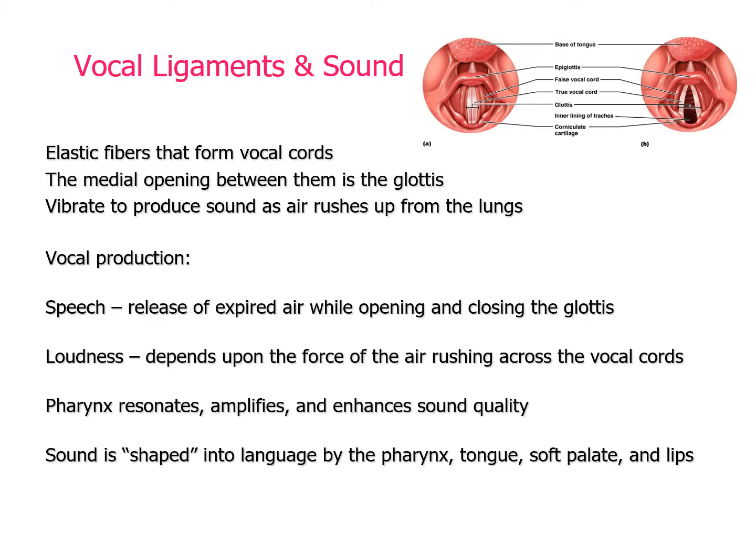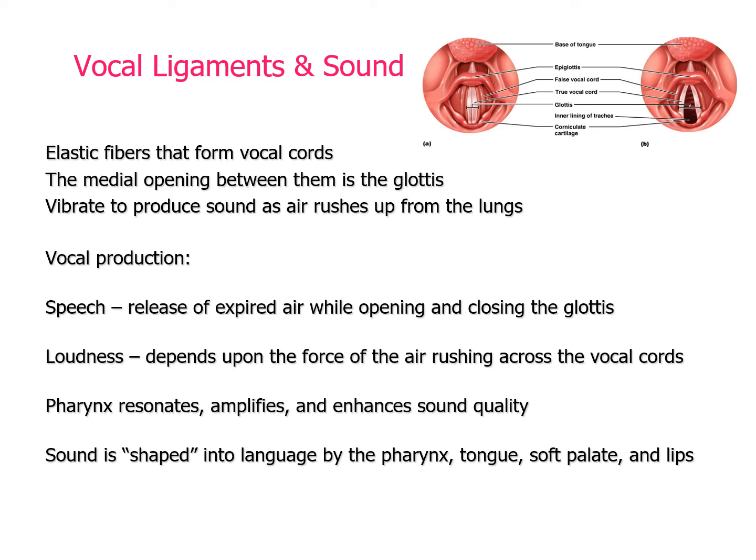So this is a diagram looking down the throat, looking towards the larynx, and you can see that there are vocal ligaments stretched through the airway, and they're involved in sound production.